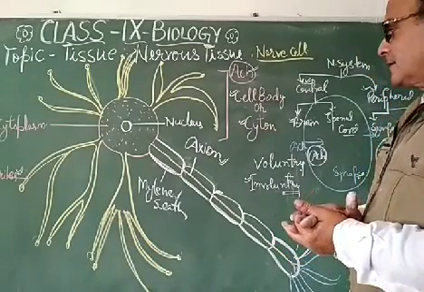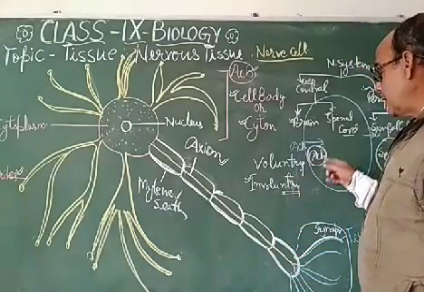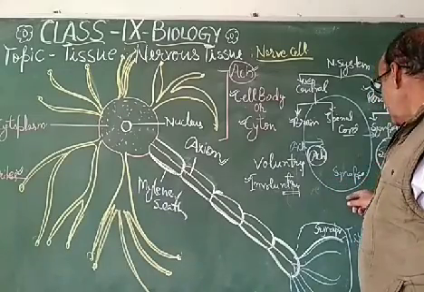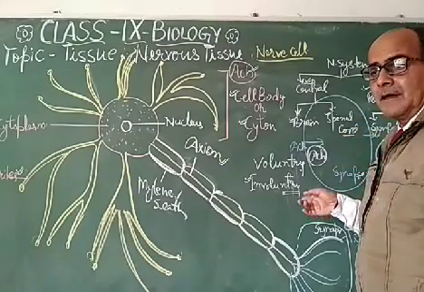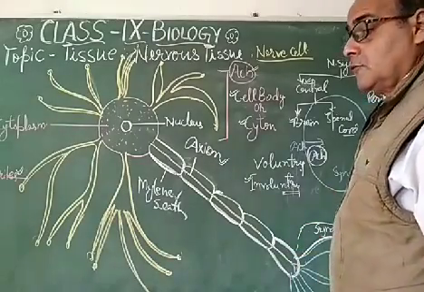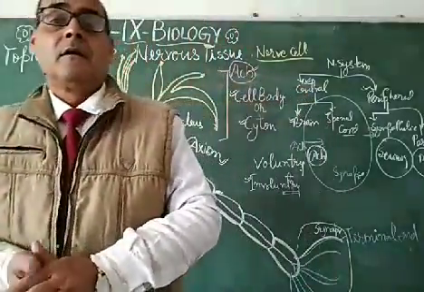In the reflex action, the message goes to the brain or to the spinal cord by the sensory neuron, and reflex messages come to that part of the body by the motor neuron, so that the person can act appropriately.